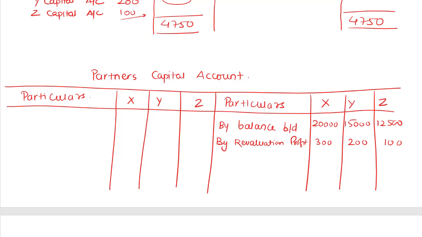Y's share of goodwill is 9,000 multiplied by 2 by 6, that is 3,000.